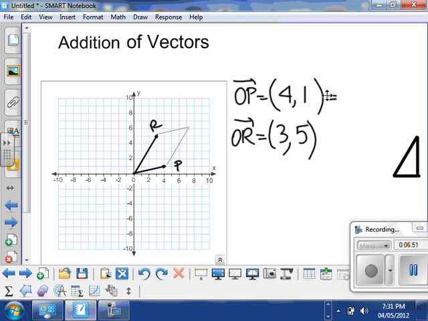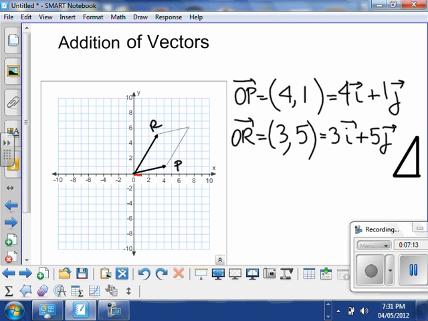Well, it's nothing else but 4 times unit vector i plus 1 times unit vector j. How about OR? It is 3i plus 5j. We just learned that using our unit vectors, right?